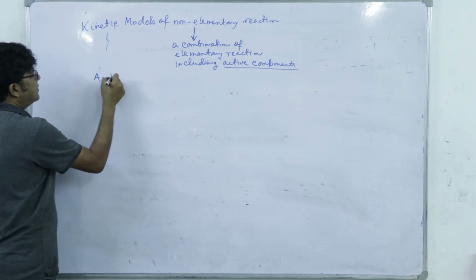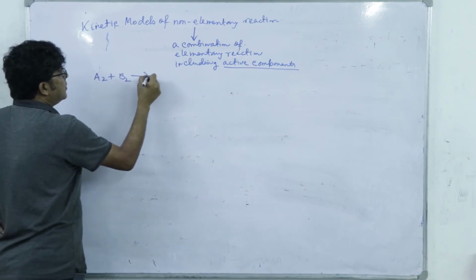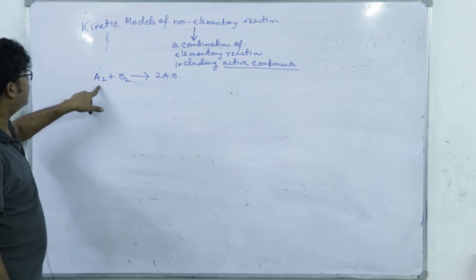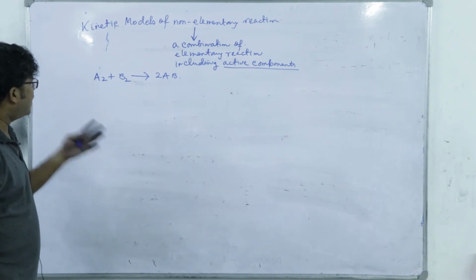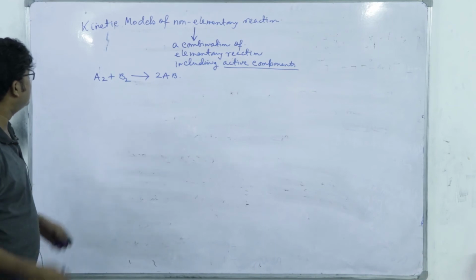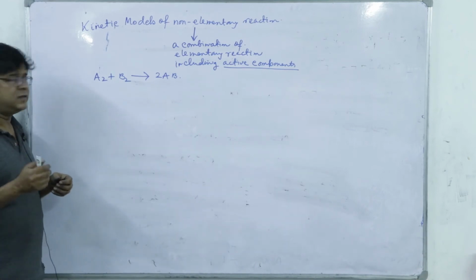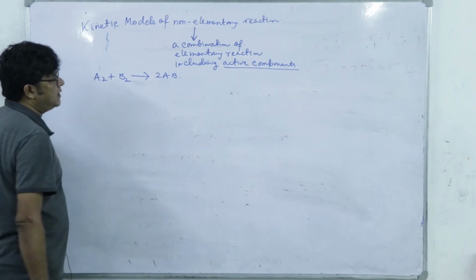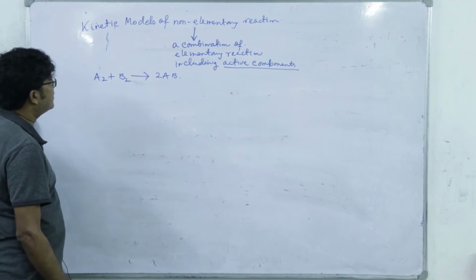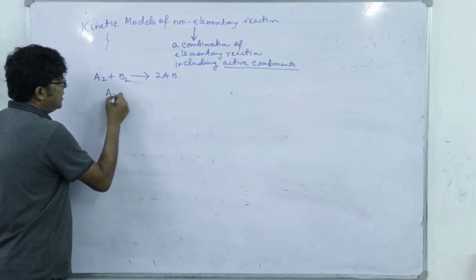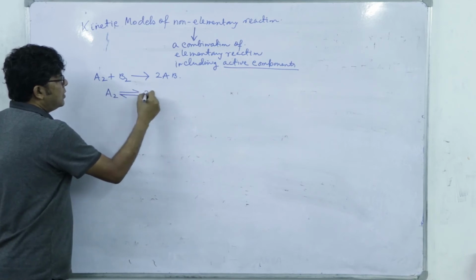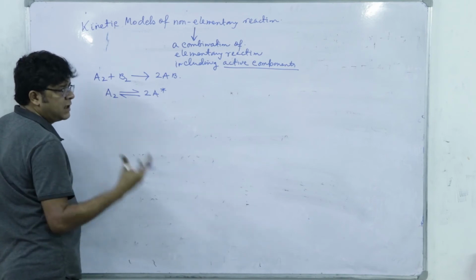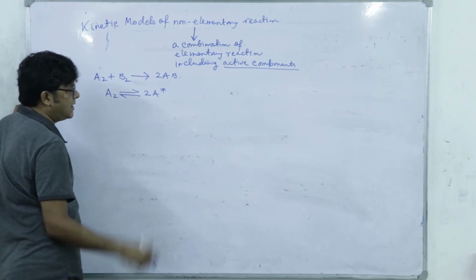So what is that? Let us say the reaction is A2 plus B2 giving 2AB. If the rate expression does not match, that is, minus Ra2 is not equal to K into Ca2 into Cb2, then we have to think about the possibility of this reaction being a non-elementary reaction. And we can propose a mechanism like A2 giving 2A star, where A star is the active component which has a very short life because of its very high reactivity.